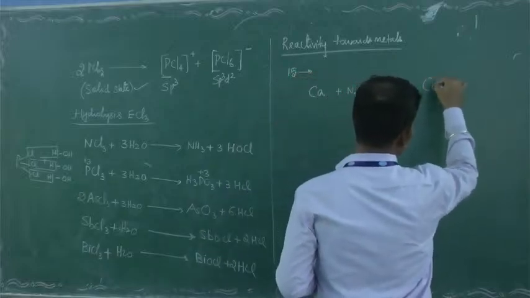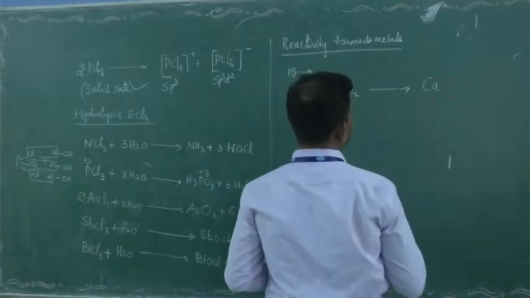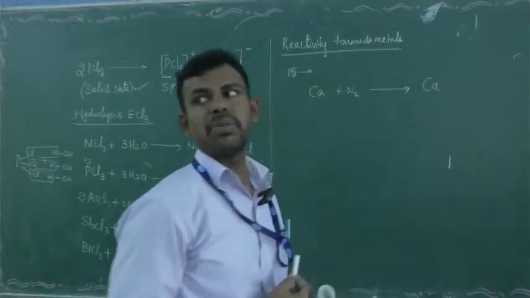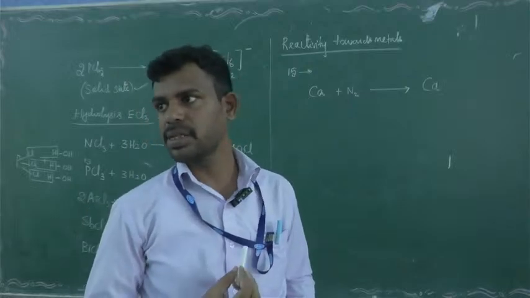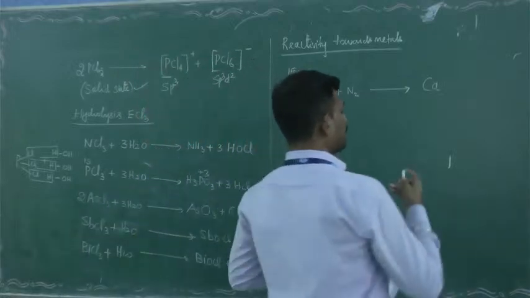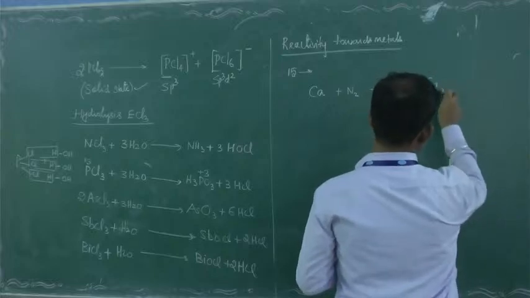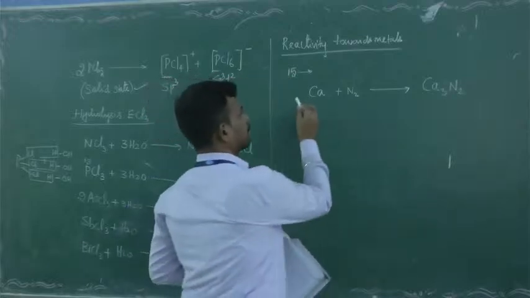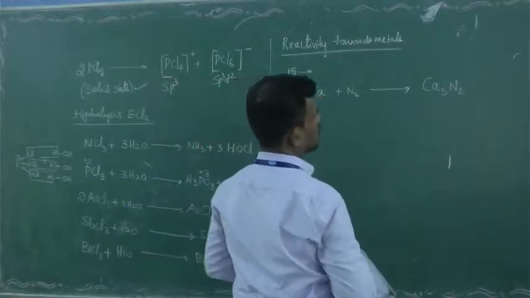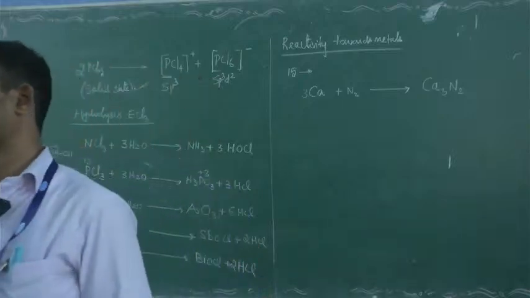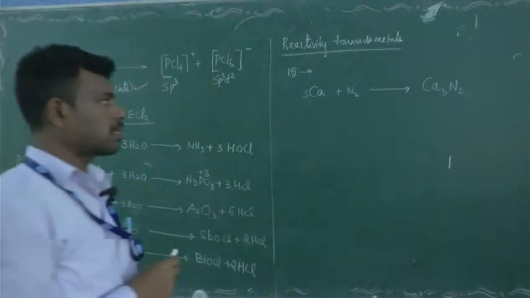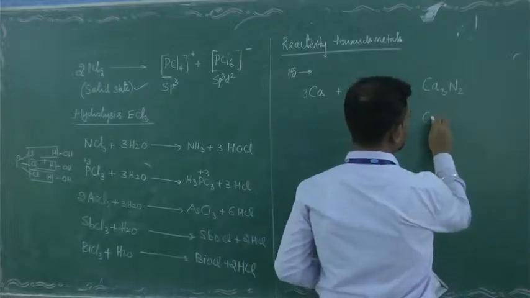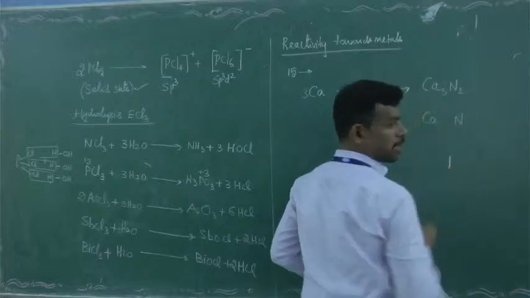In a metal, the general form will be a binary compound, where the oxidation state of the group 15 element is -3. For example, calcium with nitrogen.